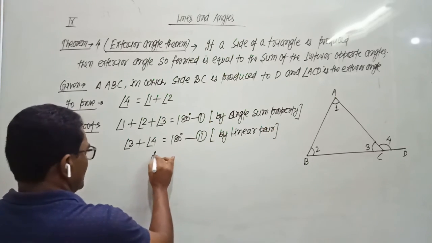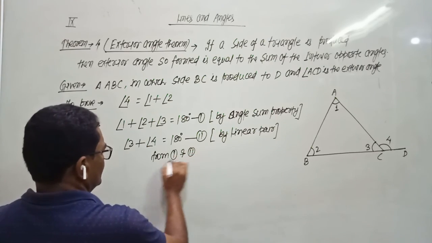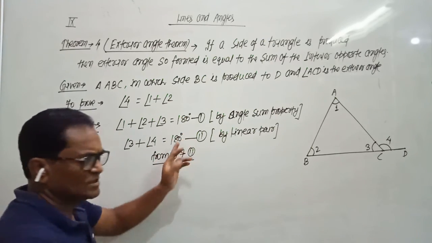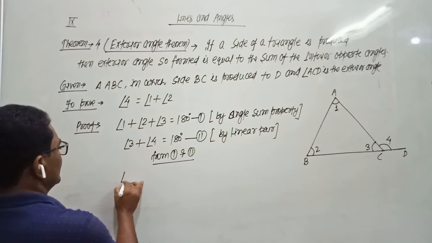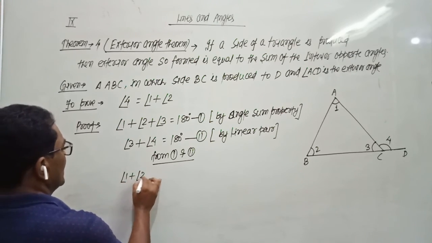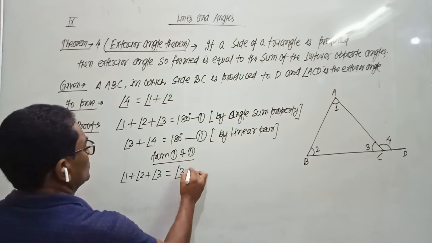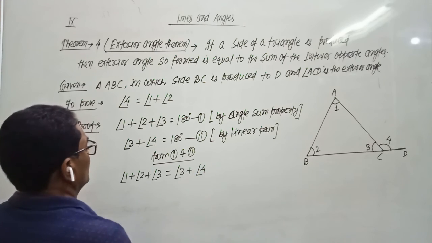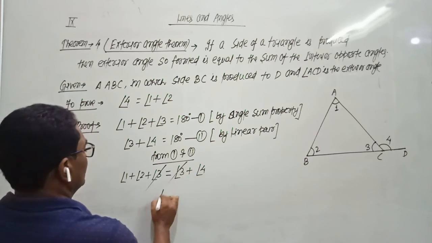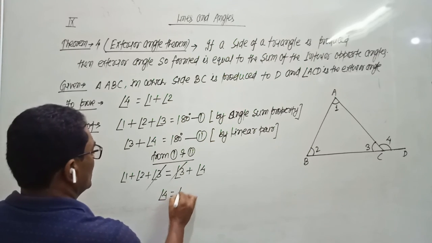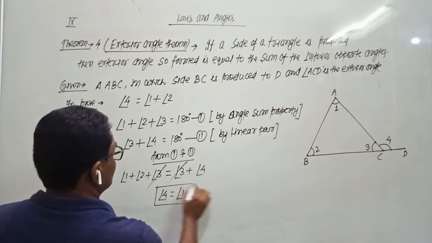So from the first and second, the RHS of both equations are equal, which is 180 degrees. So we can equate LHS: angle 1 plus angle 2 plus angle 3 equals angle 3 plus angle 4. So angle 3 and angle 3 get cancelled, and the result comes: angle 4 equals angle 1 plus angle 2.